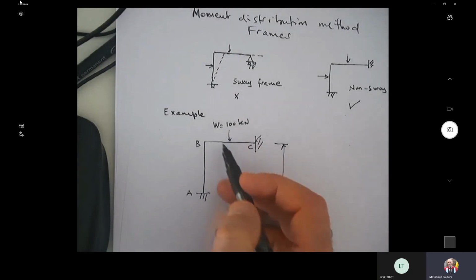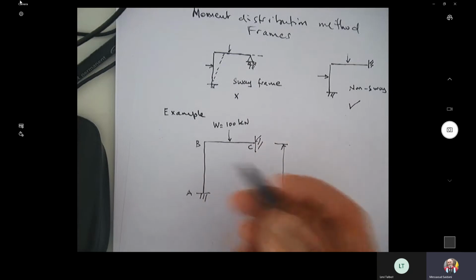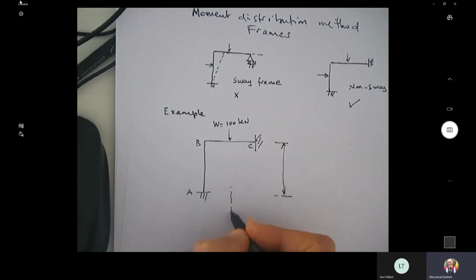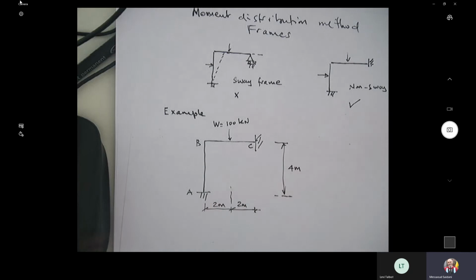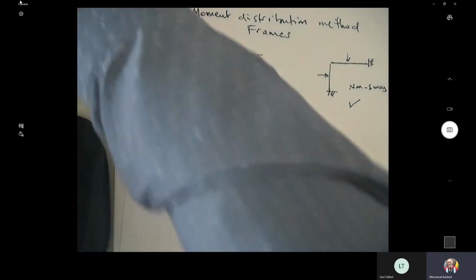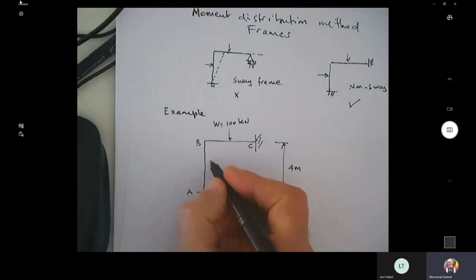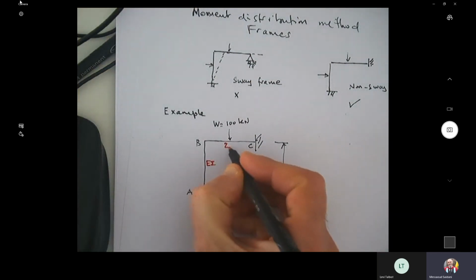It carries a central load of 100 kilonewton at mid-span. So we have 2 meters and 2 meters, and the height of the column is 4 meters, given the flexural rigidity of the column is EI and the flexural rigidity of the beam is 2EI.